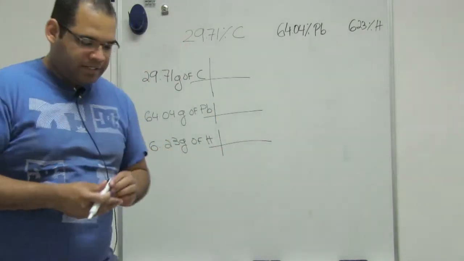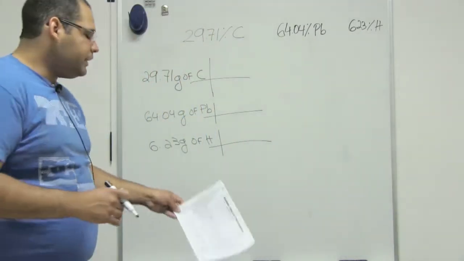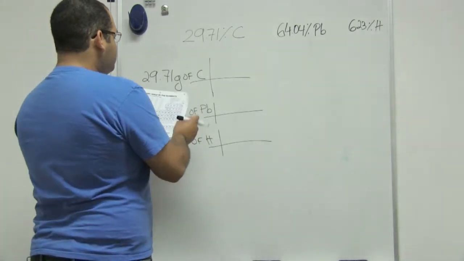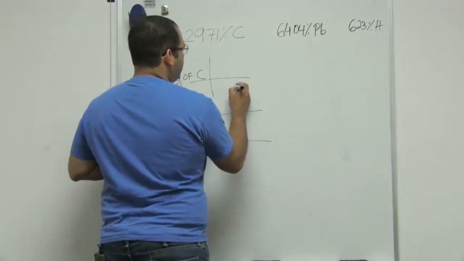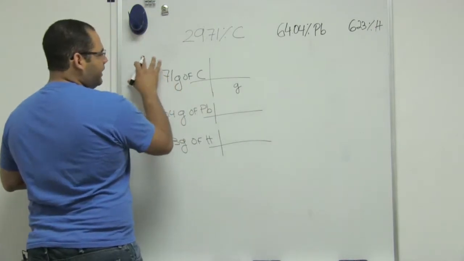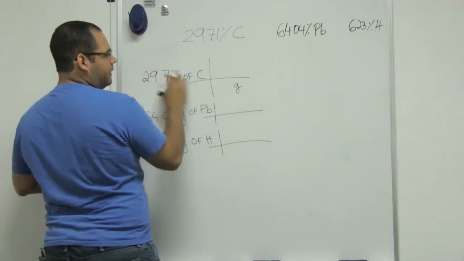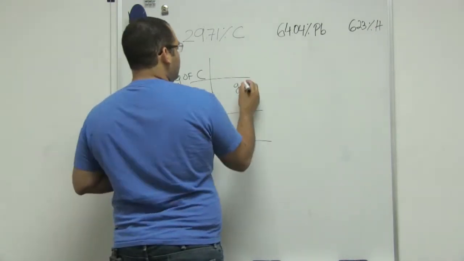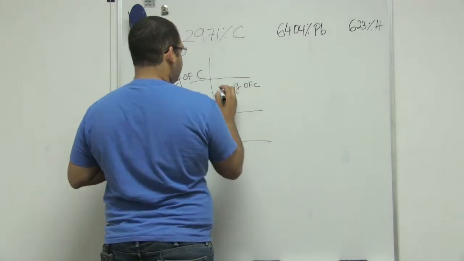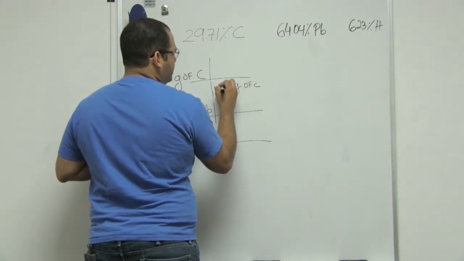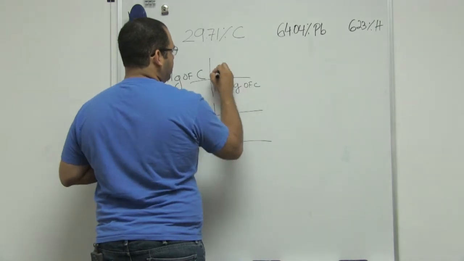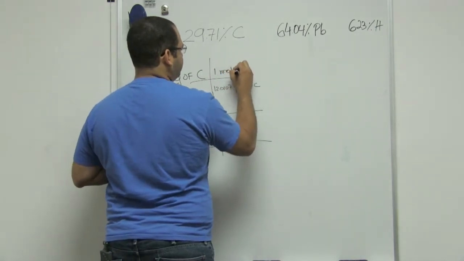So I go to my periodic table and look at the molecular mass for carbon. Because grams is in the numerator, on the top, I want grams to be on the bottom. Carbon is 12.0107 grams for 1 mole of carbon.